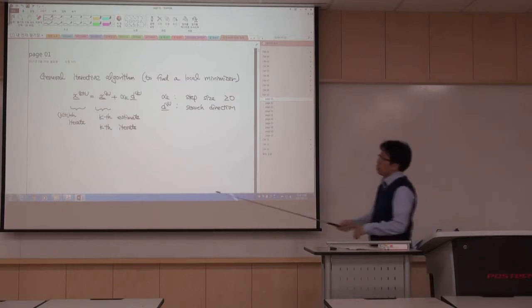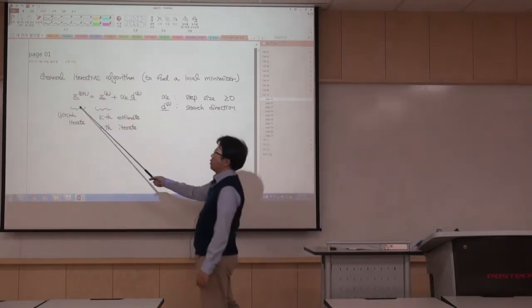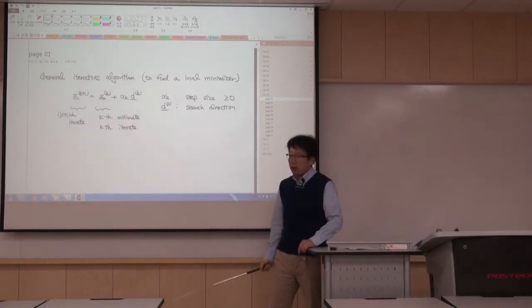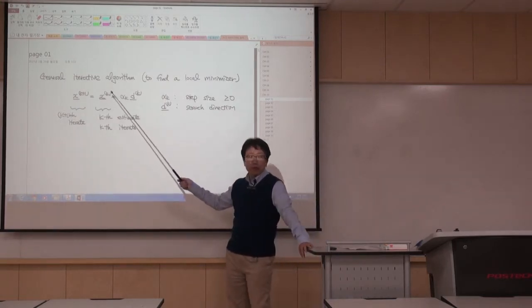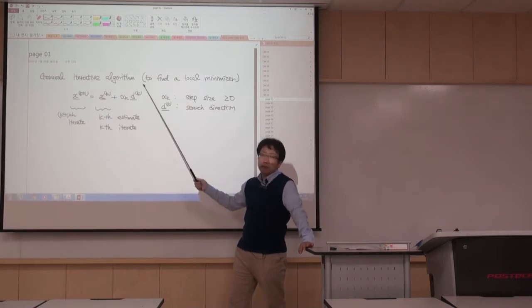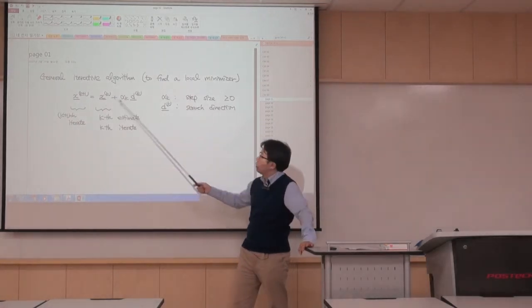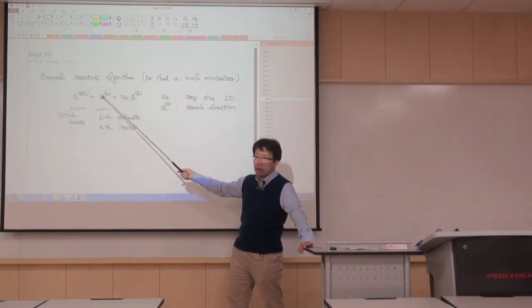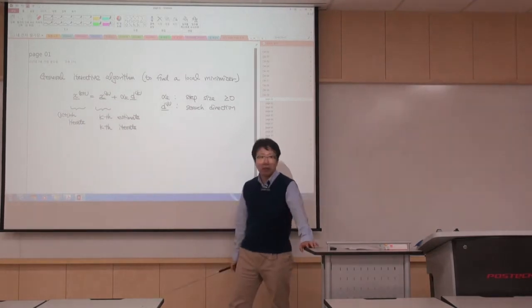So from the kth iterate to the k plus 1st iterate, we can view this update as adding a vector, also in Rn, between xk and xk plus 1.